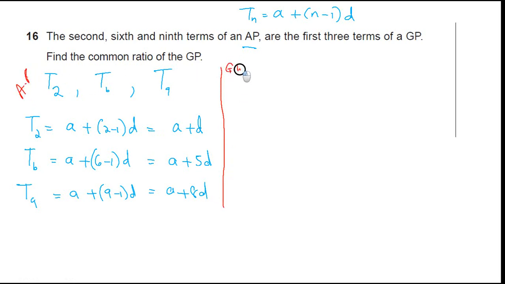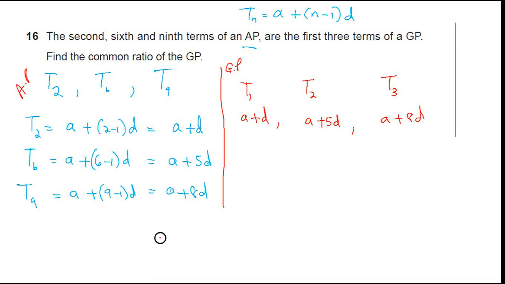Now, the GP: term 1 is A plus D, term 2 is A plus 5D, term 3 is A plus 8D. That's the GP now. We're going to focus now on the ones on the red. We needed the ones on the blue to get to the answers for the red.